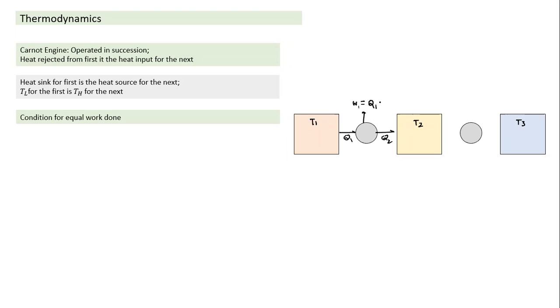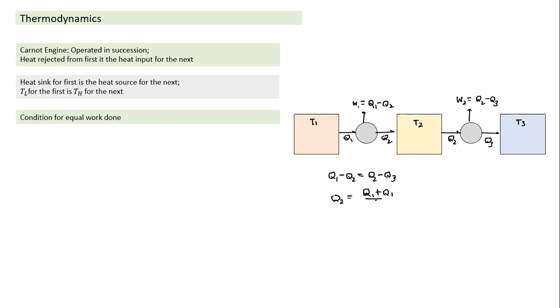And this is Q2 and this is Q3, and the work done here will be equal to Q2 minus Q3. So for work done to be equal, Q1 minus Q2 has to be equal to Q2 minus Q3, or Q2 has to be equal to (Q1 plus Q3) by 2.